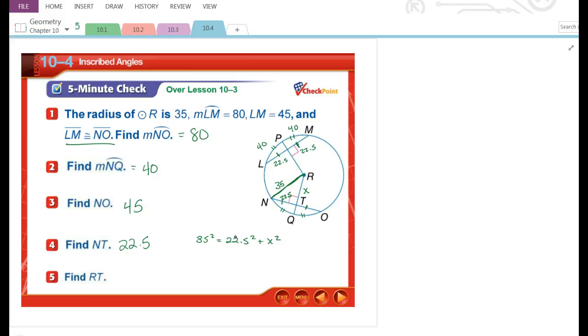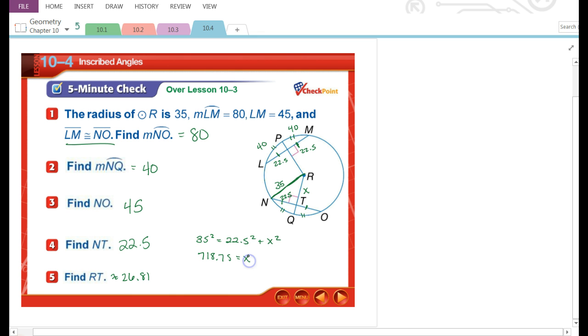Alright, when I do that, the rounded version is 26.81. The exact version, though, let's look. When I bring everything over, 718.75 is equal to x squared.